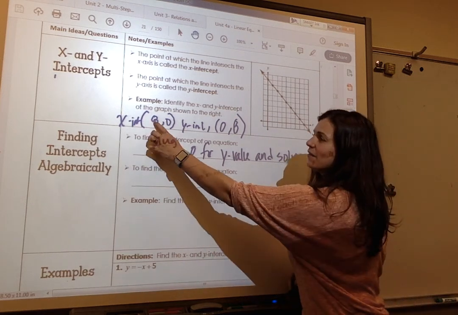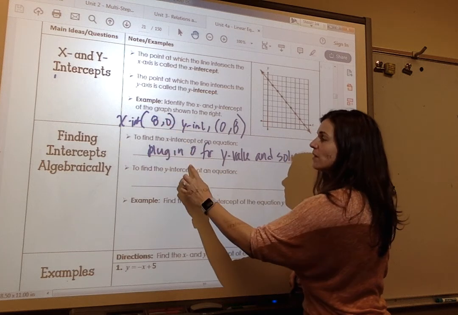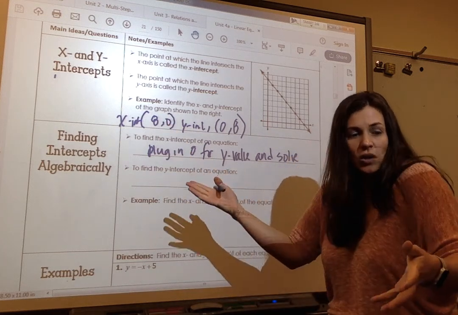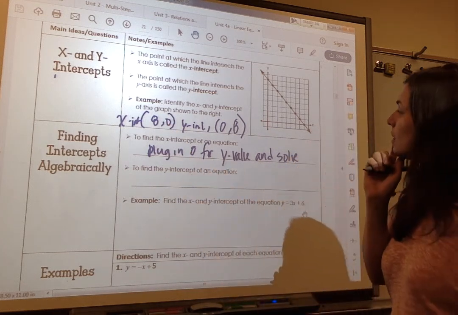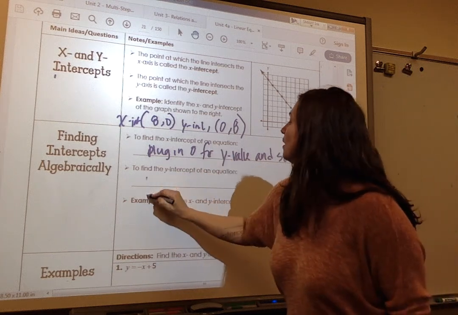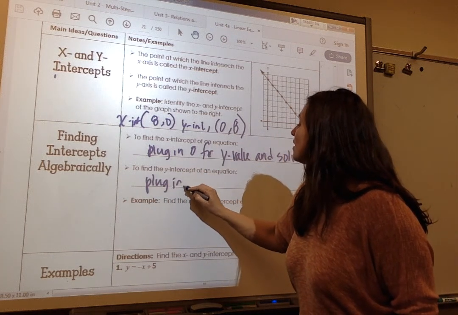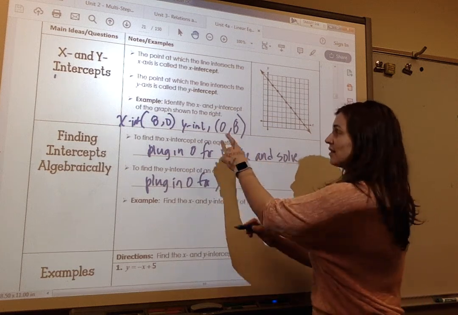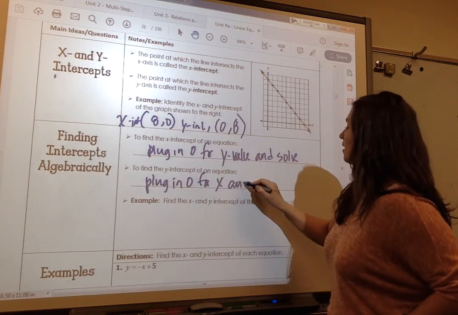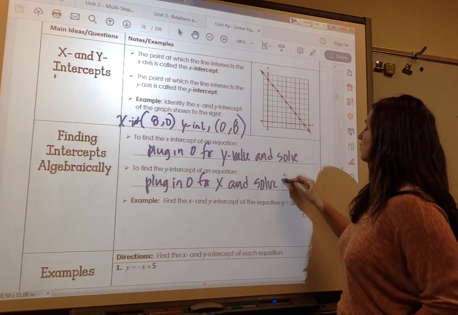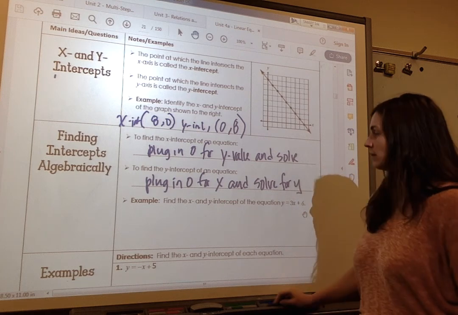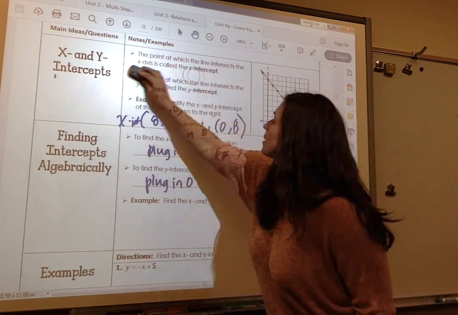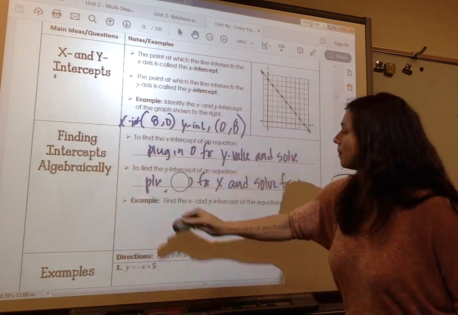Doesn't that make sense? If the x-intercept always has a y value of 0, let's just plug in 0 and solve. To find the y-intercept, let's plug in 0 for x and solve for y.